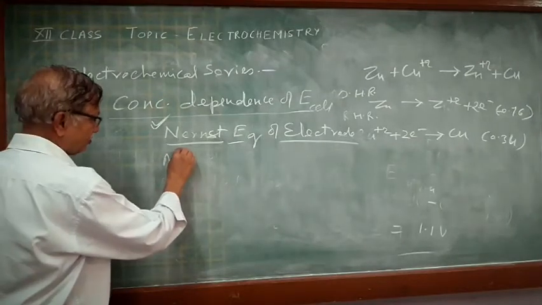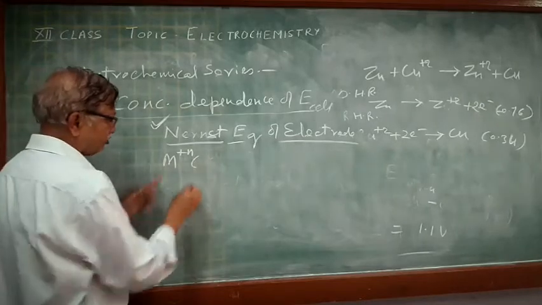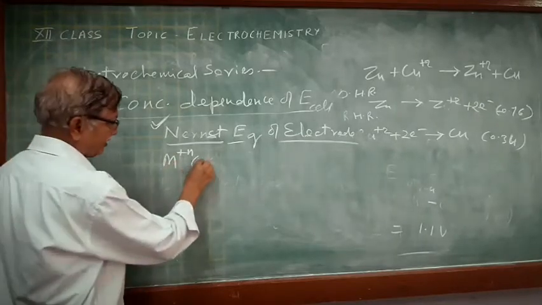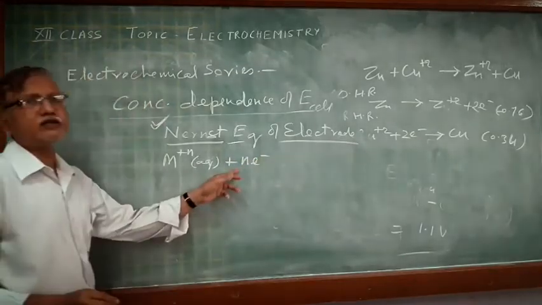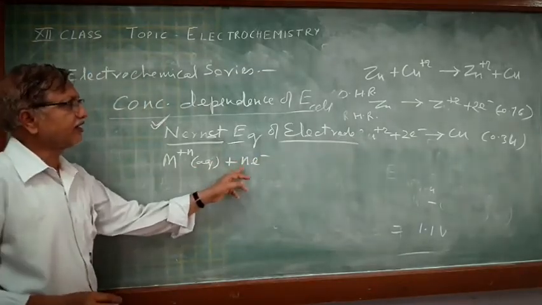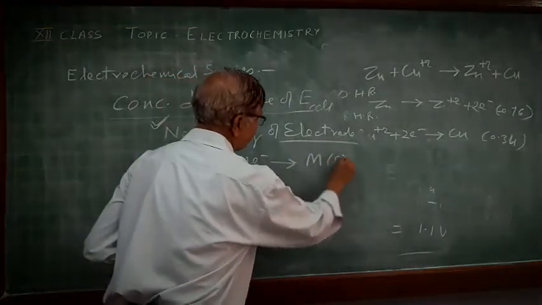Consider a general electrode reaction, M^n+ plus n electrons. Because it is an ion, we take it in aqueous solution. And always we consider the reduction reaction, so we take an electron and give M solid.